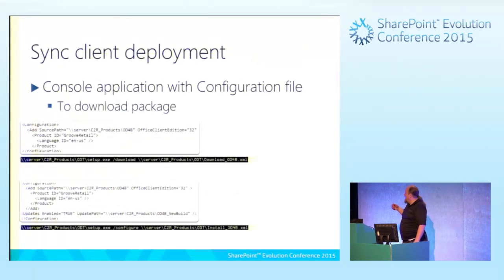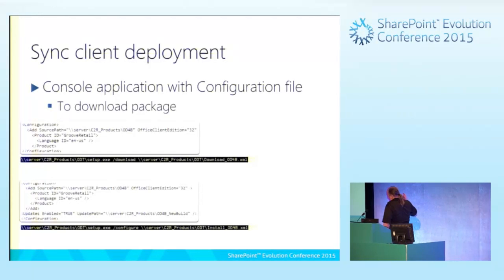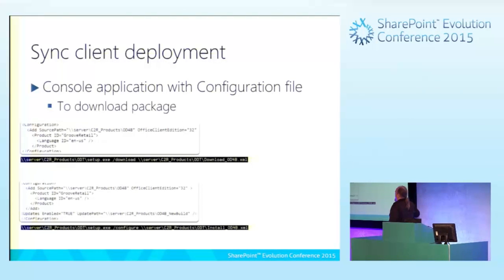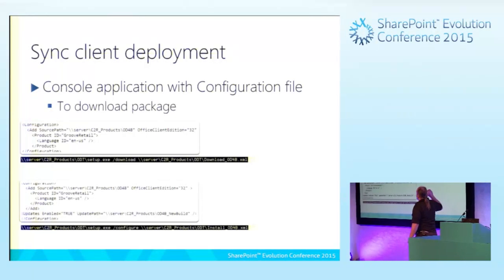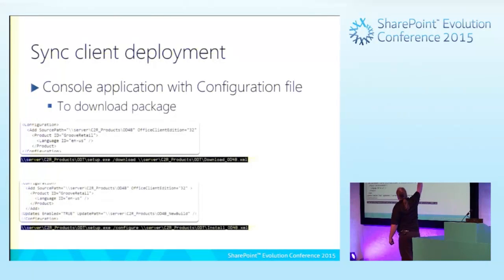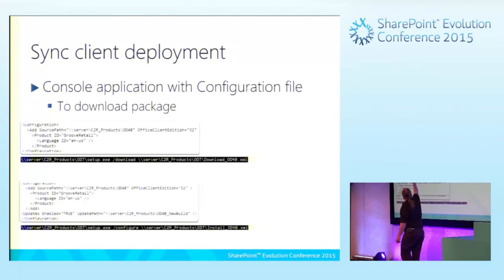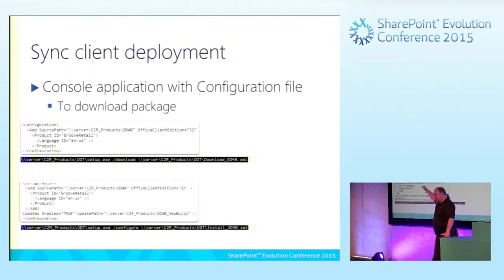So for the sync client, again, the easiest way is click-to-run, where you don't have to worry about it. If you want to do it in a more managed way, you can use the Office deployment tool and these configuration files, where instead of having your users download the bits from the internet, you would download them and have installation points within your organization.